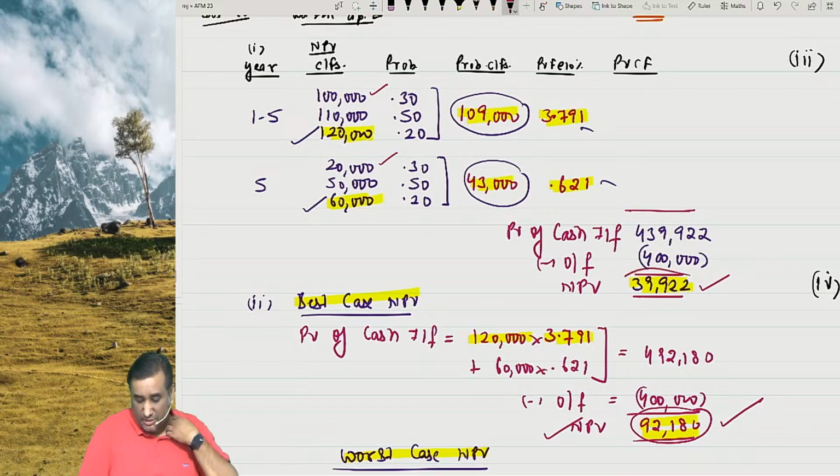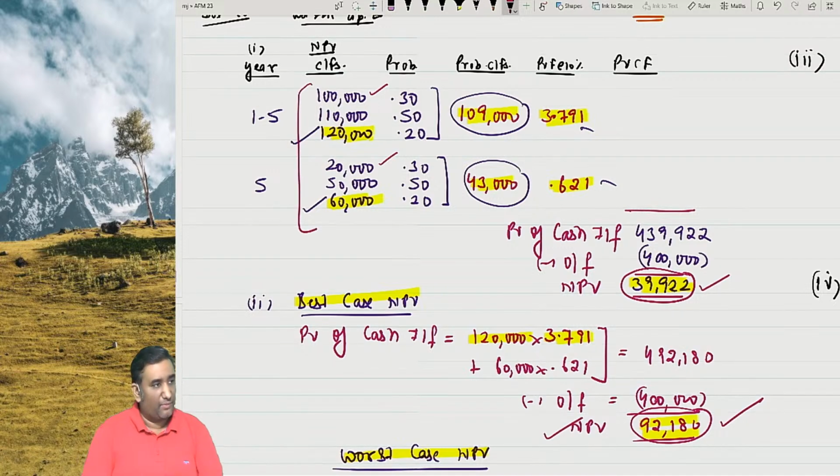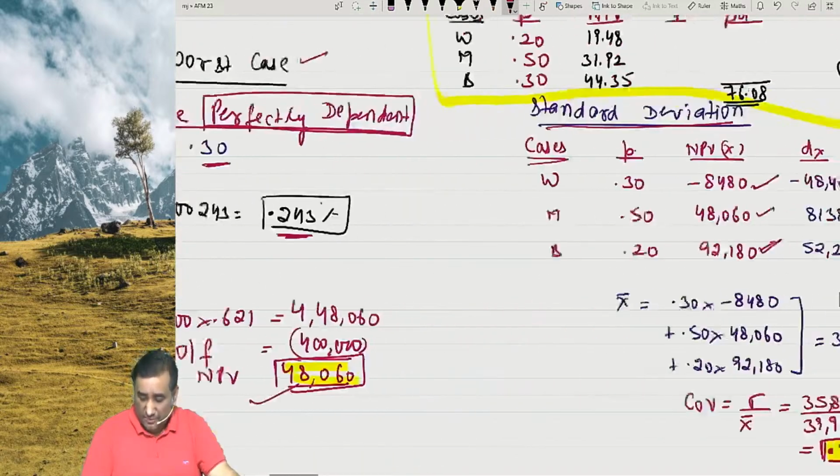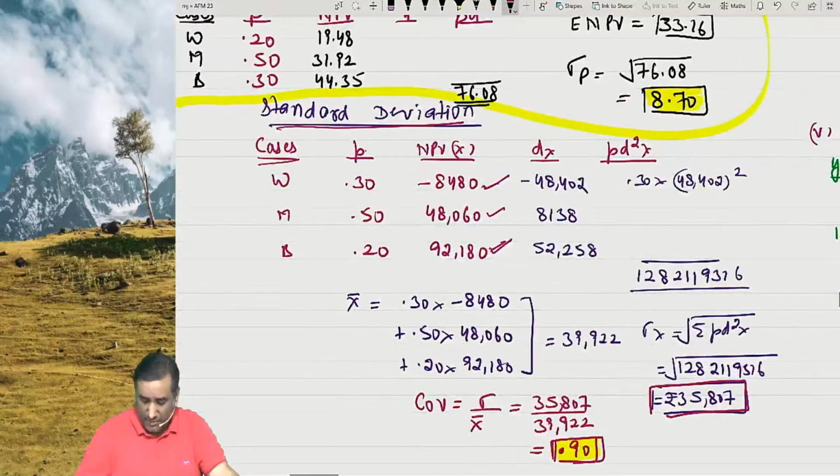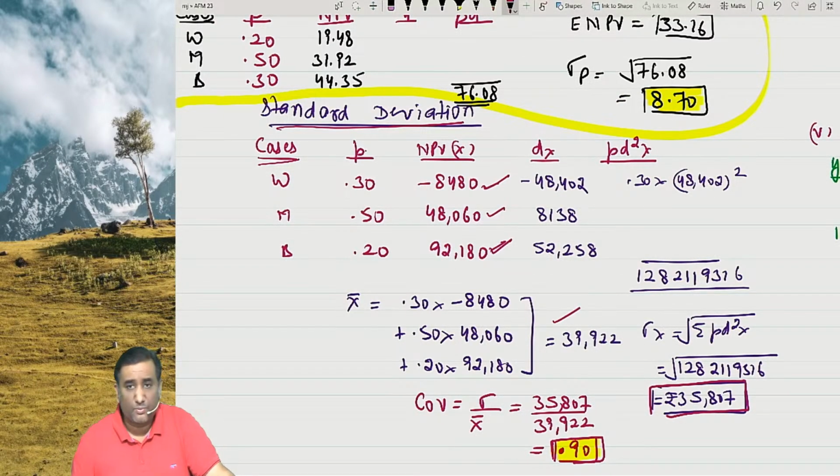So if by chance you are checking in the exam, this could be a cross check. If by chance you are making a mistake in either of the points, you will come to know. Your answer would be same. This should be 39922. Although mathematical calculations would be slightly lengthier, you cannot help it.